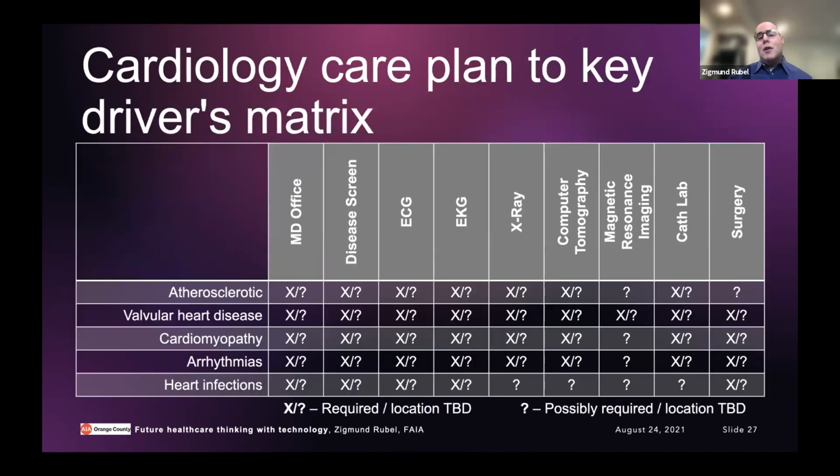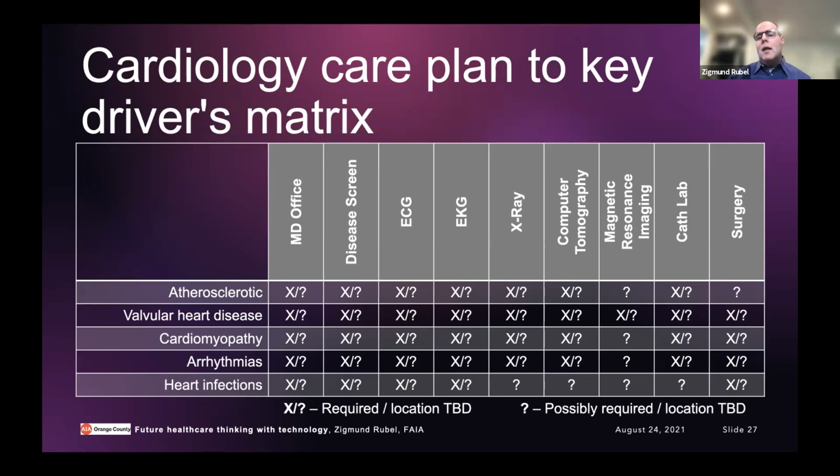So looking at cardiology a little bit more broadly, these are some of the major disease types that are considered. So again, these are the basic rooms that we talked about. These are some of the other key drivers we didn't talk about. Some of these key drivers may not be needed for the different diagnoses, but these are the type of questions I believe we need to ask our clients.